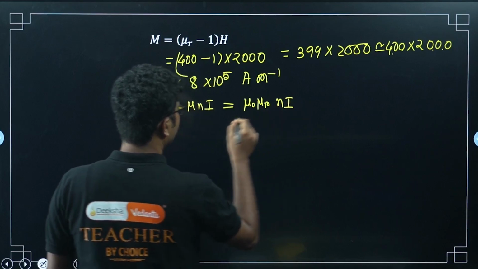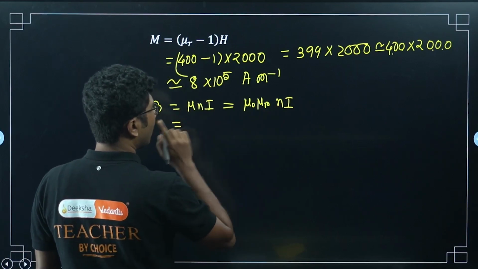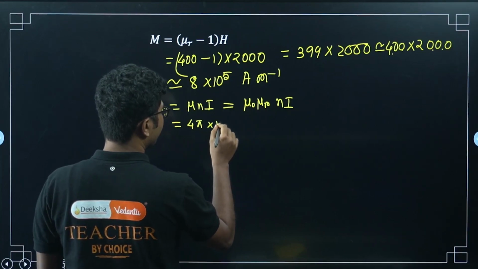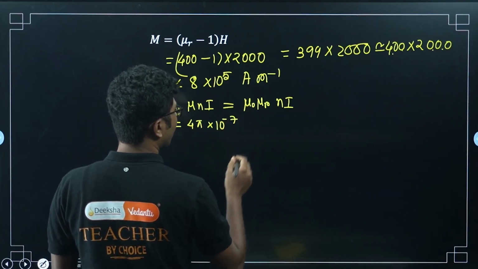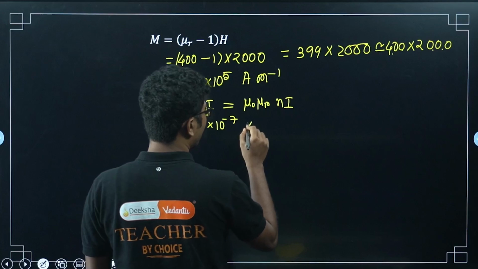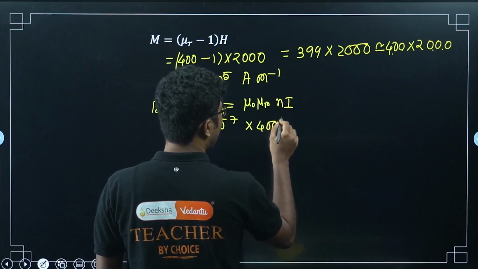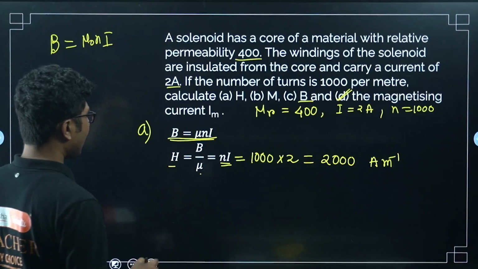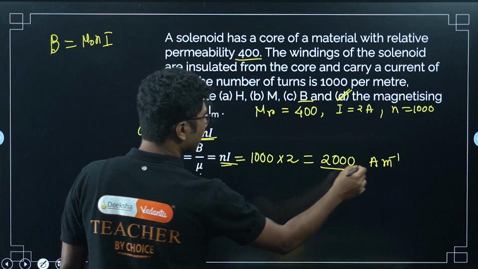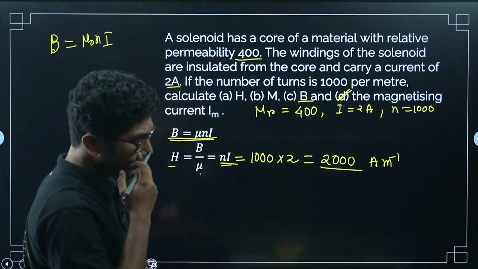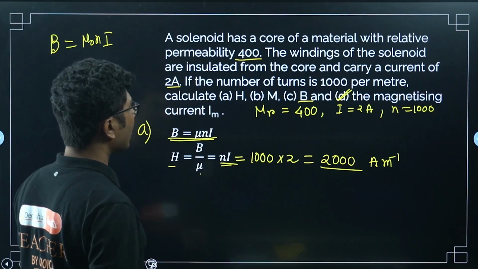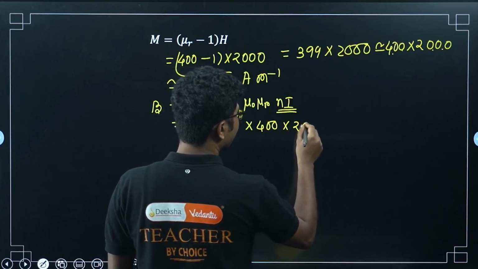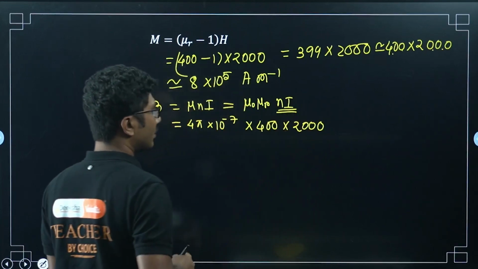Now mu naught is 4 pi times 10 to the power of minus 7. Also mu r is 400, and Ni we have already calculated, that is coming out to be 2000. So you can directly use that, or you can use the individual values. I am simply writing 2000 because I know Ni is equal to 2000.